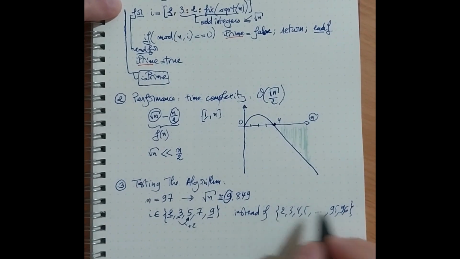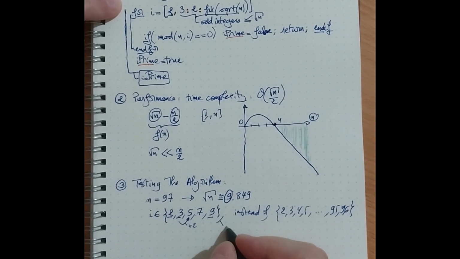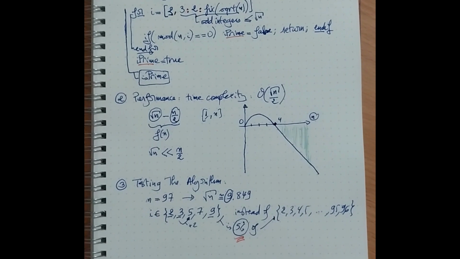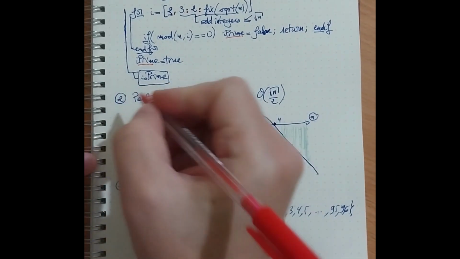If you do some calculation, you find that this set is 5% of this set. So the performance is huge. And that's it for our algorithm.